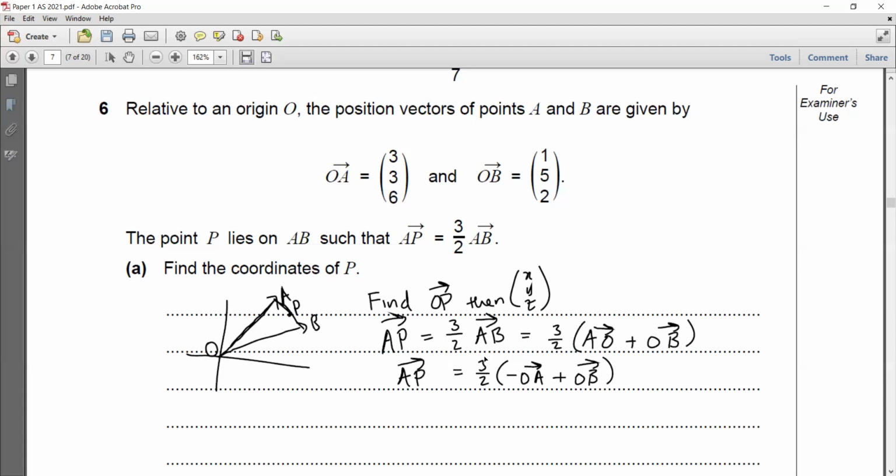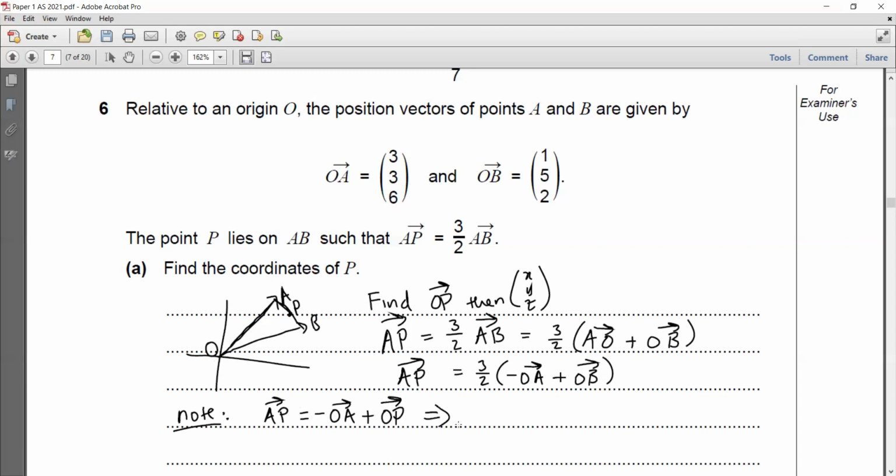Now remember what it is we are looking for. We are not looking for AP. We know that if we can find OP, then we will be able to figure out what the coordinates of P are. Another thing we should take note of is that to go from A to P, I can go from A to O, or negative OA, and then from O to P. So AP is equal to negative OA plus OP.